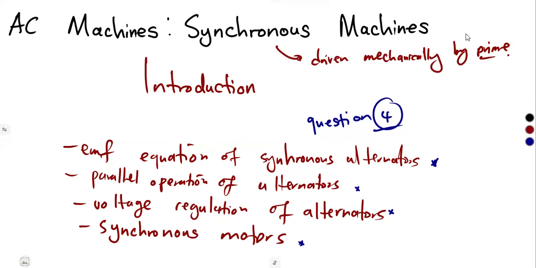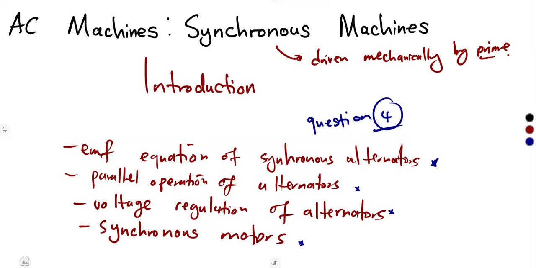We are focusing on the synchronous machines, which is going to affect us in the calculation of the EMF equation of the synchronous alternators, which are the AC generators. So you're actually working with AC generators. That is the first subtopic that you're going to work with.